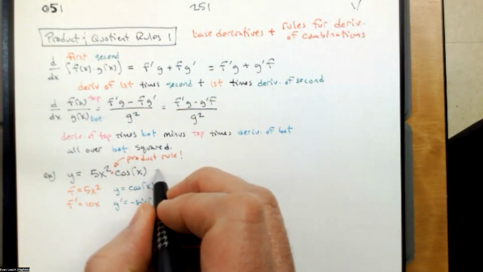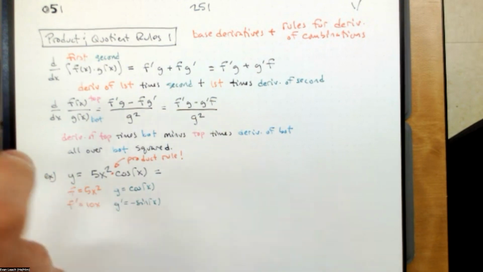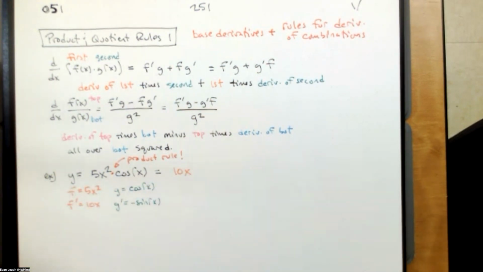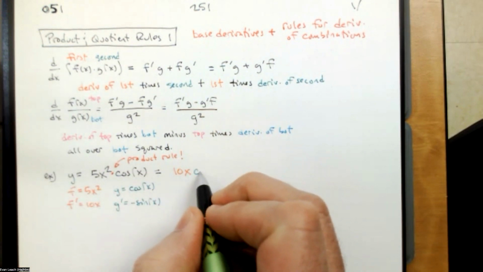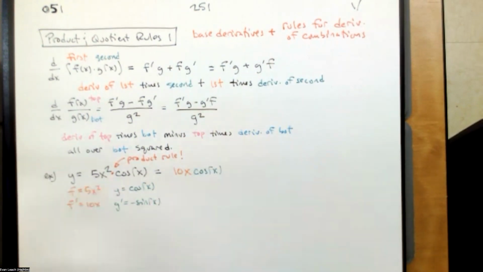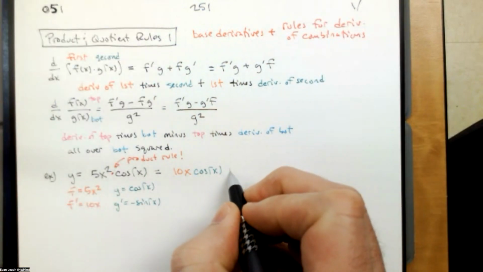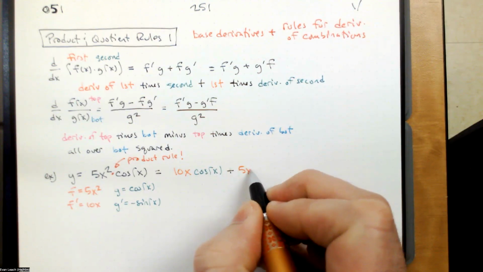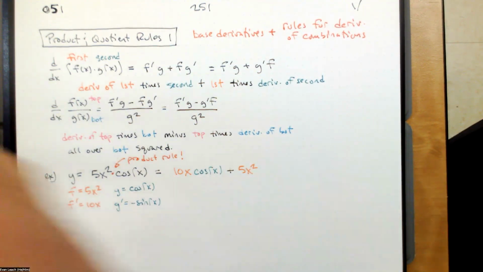The product rule says do f prime times g, so f prime times g plus f times g prime.